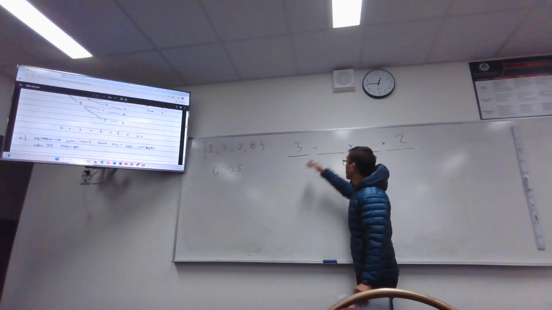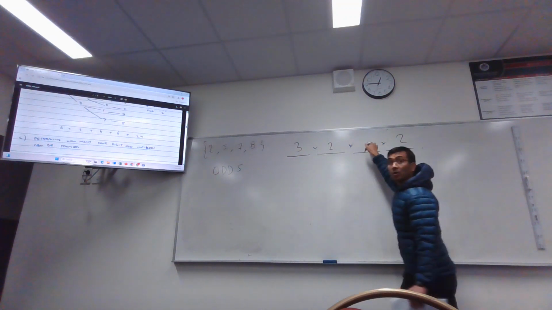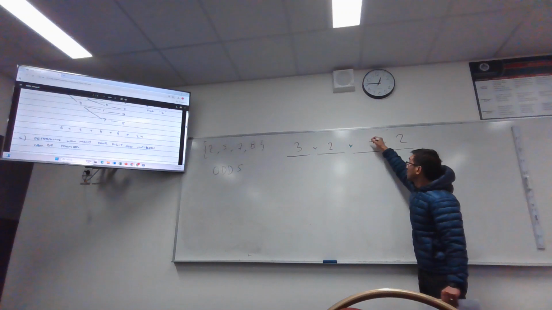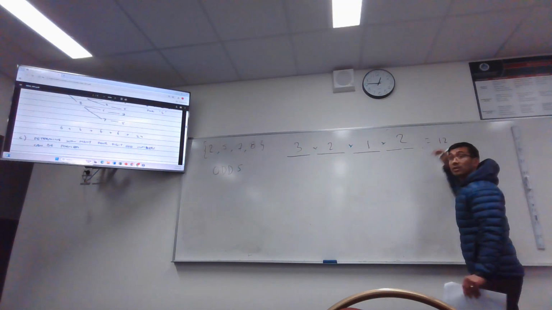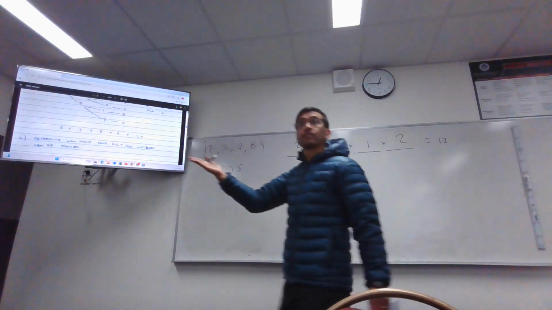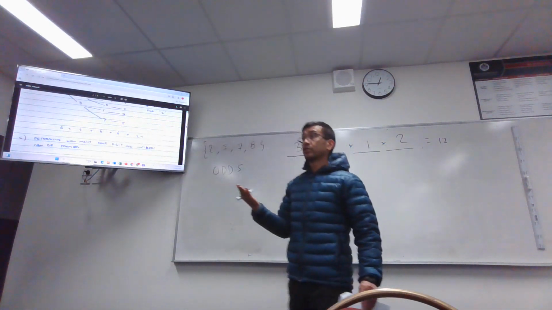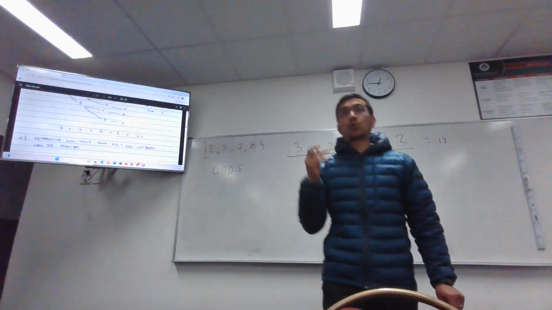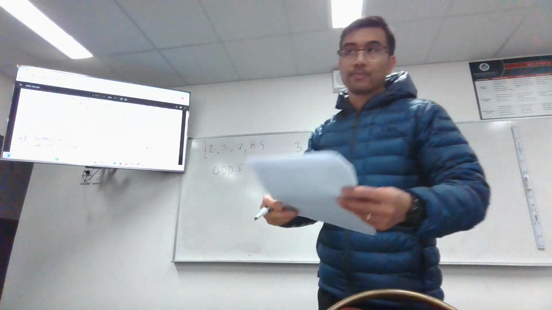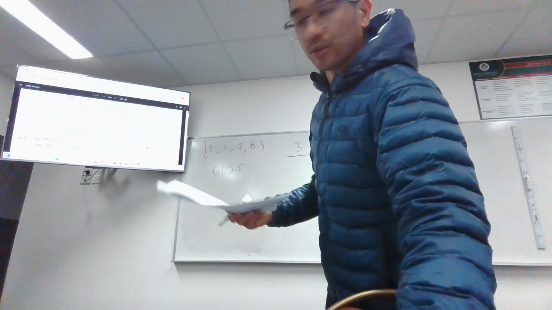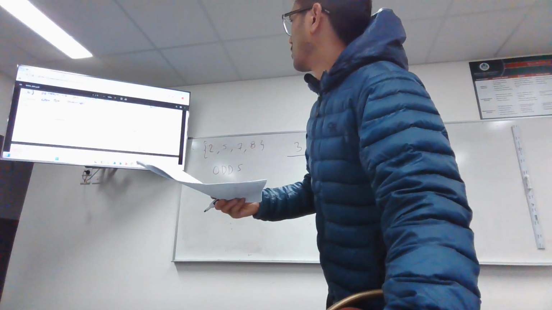And then you keep going forward. 2. And what goes in here? 1. Giving you 12 in a different way. There's a number of ways you can do this. Just make sure that you use logical thinking as you go. Any questions? Moving on.